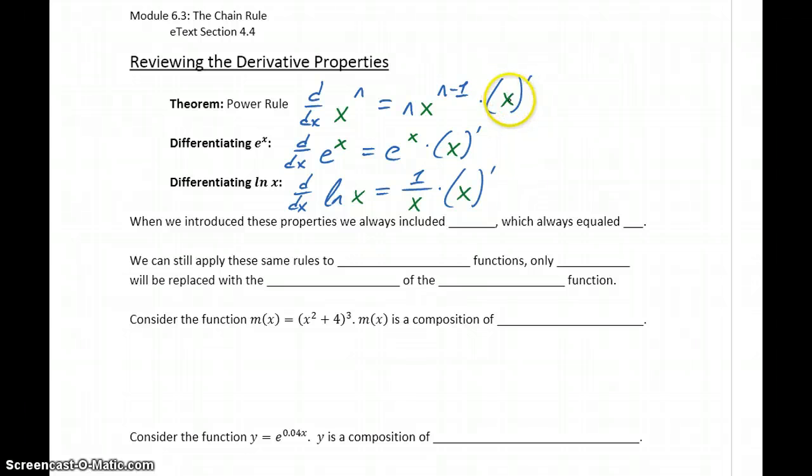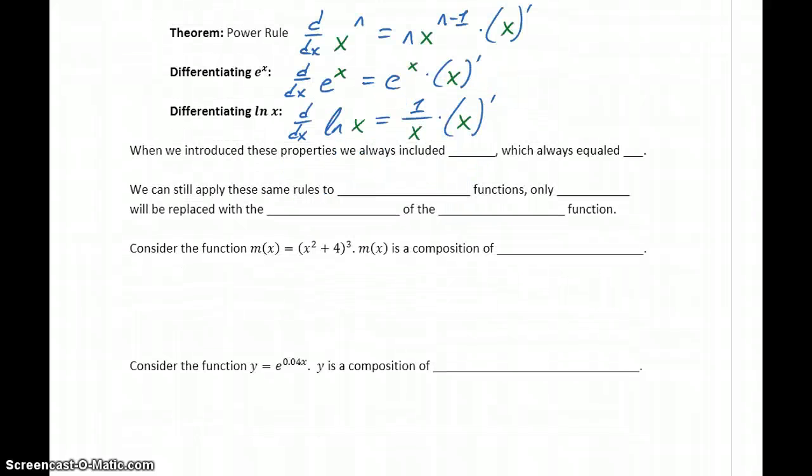So in each case, at the end here, we're always multiplying by the derivative of whatever that value was for x. For simple examples, when that's just x to some power, e to the x, natural log of x, the derivative of x in each case is just 1, so those are pretty simple cases. So when we introduce these properties, we always included that derivative of x portion, which always equaled 1.